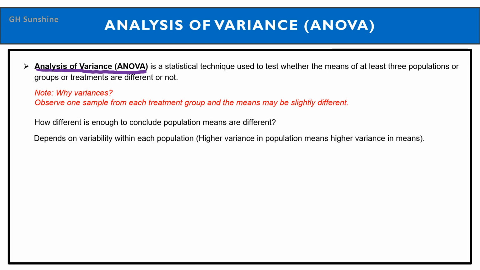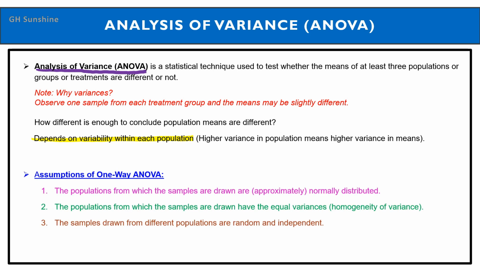So how different is enough to conclude population means are different? This depends on variability within each population. It means that higher variance in population means higher variance in means. Therefore, statistical tests are conducted by comparing variability between means to variability within each sample.